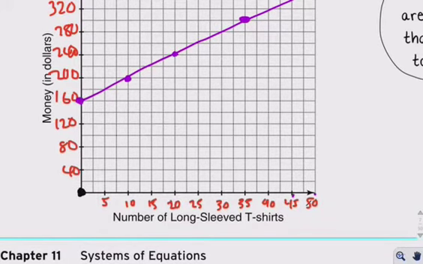You sold 0 shirts, you made $0. You sold 10 shirts, you collected $80. Sold 20 shirts, you collected $160. 35 shirts, $280. Aha, look. That's when you make $0. It's called break-even point.